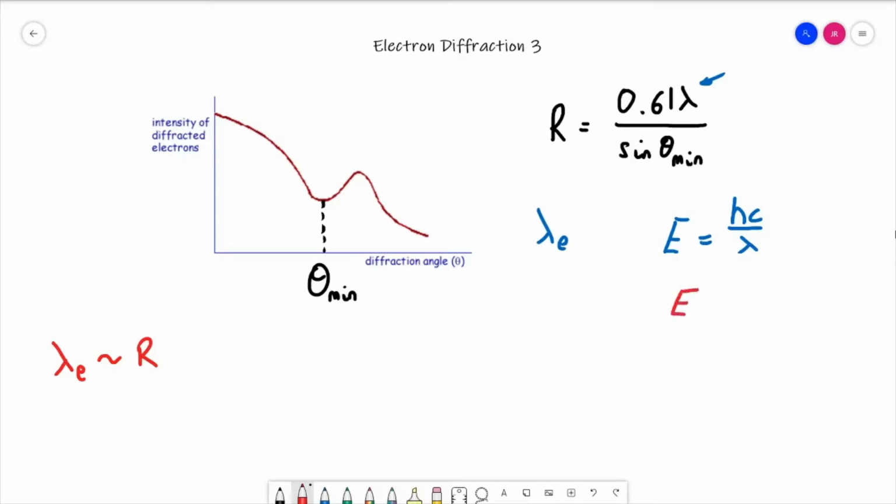We can see that E is proportional to 1 over lambda. Higher energy is going to give us a smaller wavelength. Now, in order to get the wavelength small enough and to get roughly the same order of magnitude, we therefore need very high energy electrons.